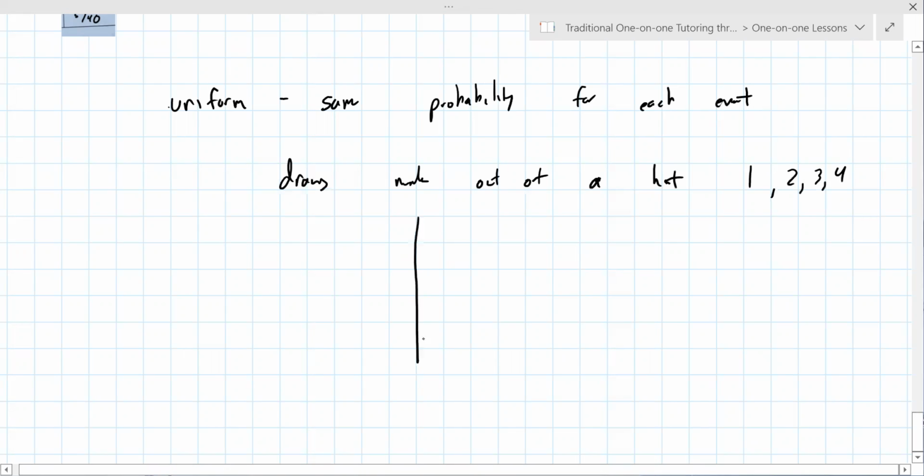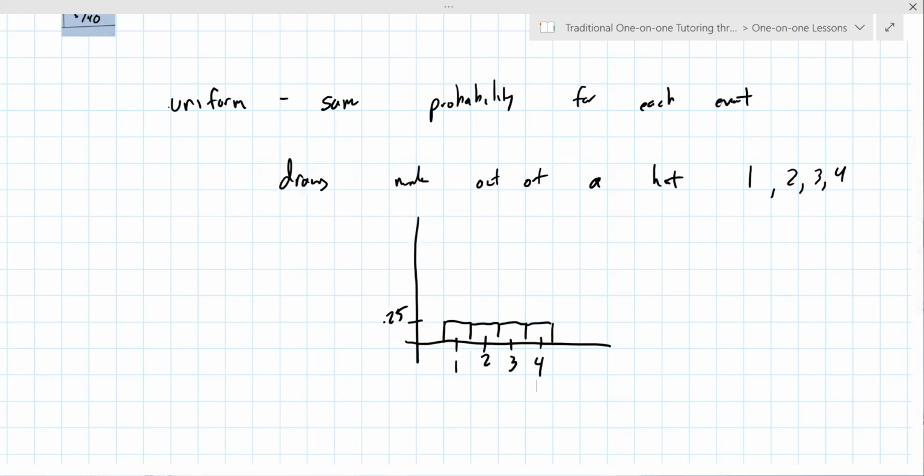The probability of getting a 1 is 0.25, getting a 2 is 0.25, getting a 3 is 0.25, and so on. It's kind of what you were trying to say here in your example, but the one I gave will be more acceptable. You don't want them to think real hard about what you've got down there.